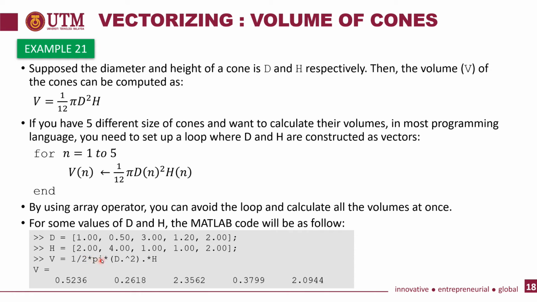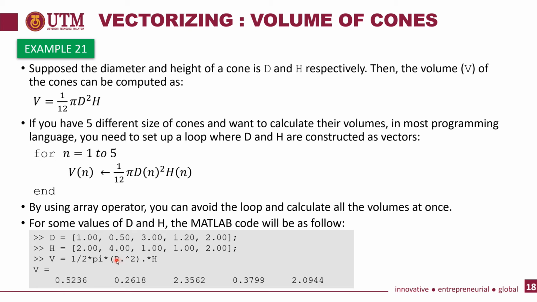So in MATLAB, pi is initialized as pi, okay? This is a constant that we have learned in the previous chapter, okay? 1 over 2 multiplied by pi and then multiplied by d. As usual, if you wanted to do the power in MATLAB, you need to put the dot, okay?